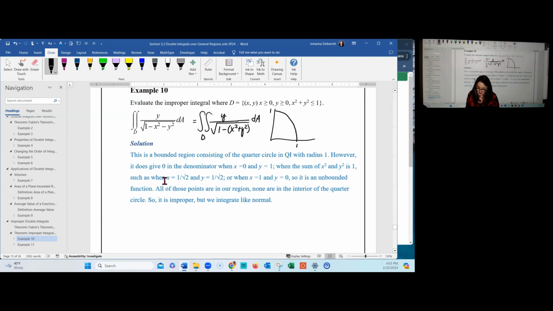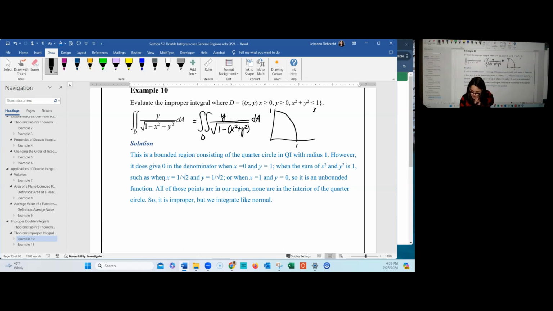When we look at this, we need to come up with some kind of relationship for y. We have that y is greater than or equal to 0, but we need to represent this quarter circle in terms of y as a function of x to make it a type 1.